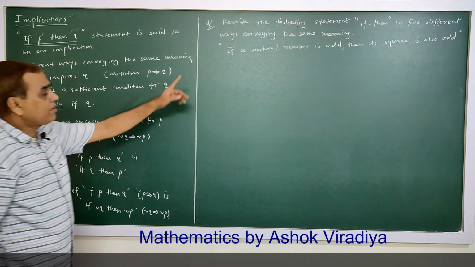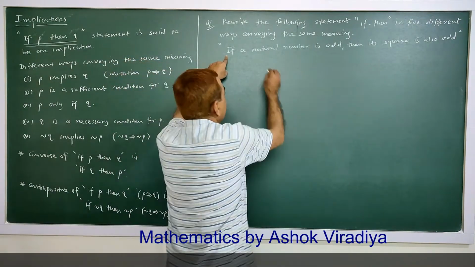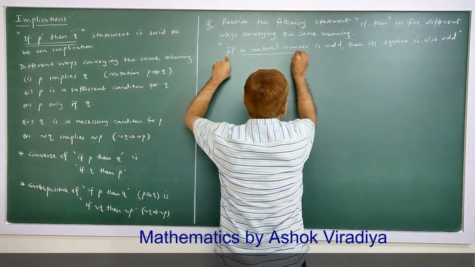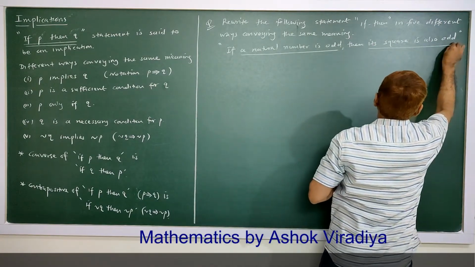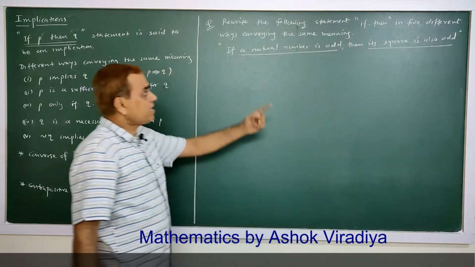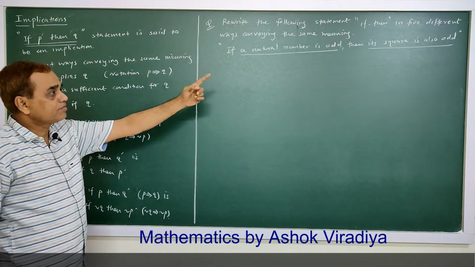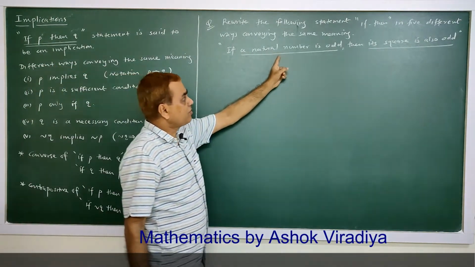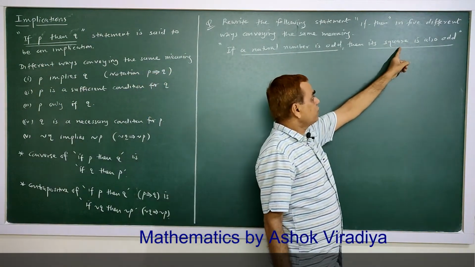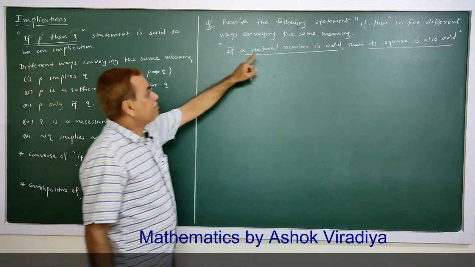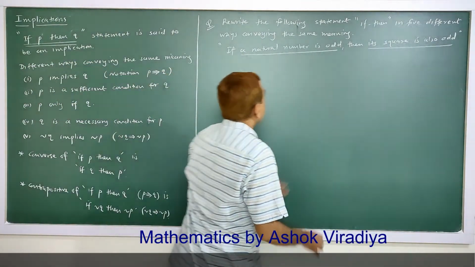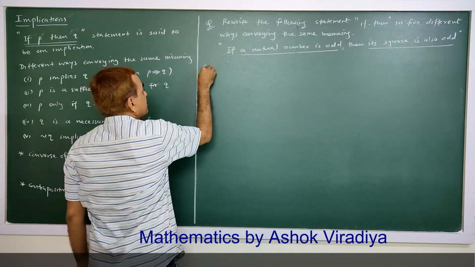Say look here for an example. If P then Q, this is an example of implication. This is the condition. This is the conclusion. If P then Q, we can put here component statements.